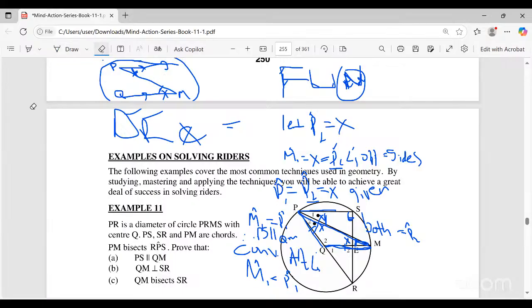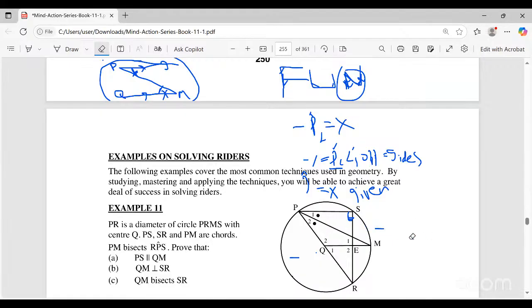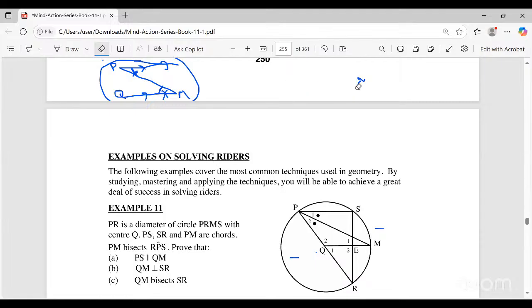Okay. My eraser is weak. All right, okay.